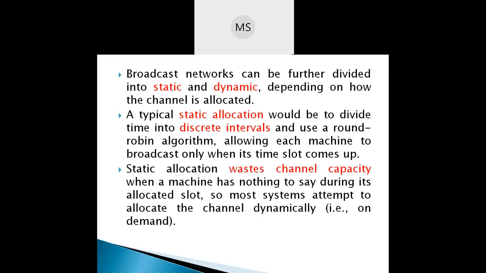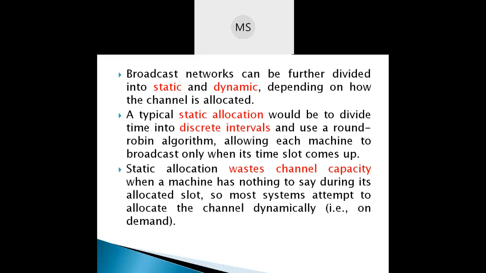In the static case, before transmitting the data, the channel is allocated and established, and through that channel data will be transmitted. Again, for that we have different types of mechanisms and algorithms to divide the channel and allocate it to different systems.